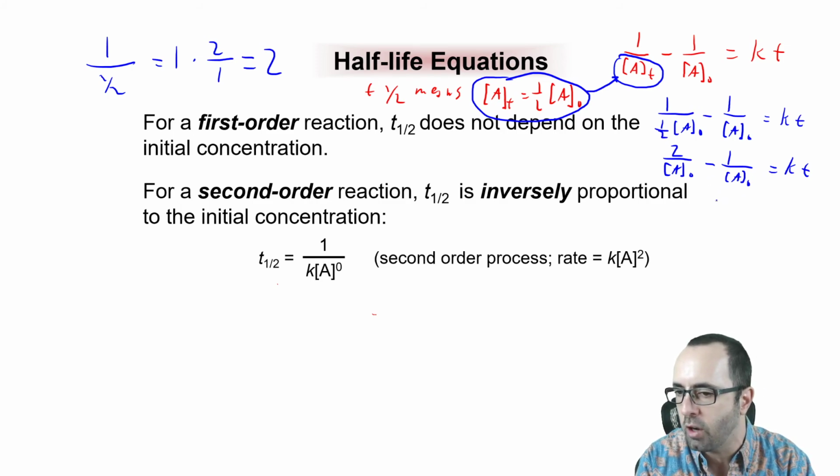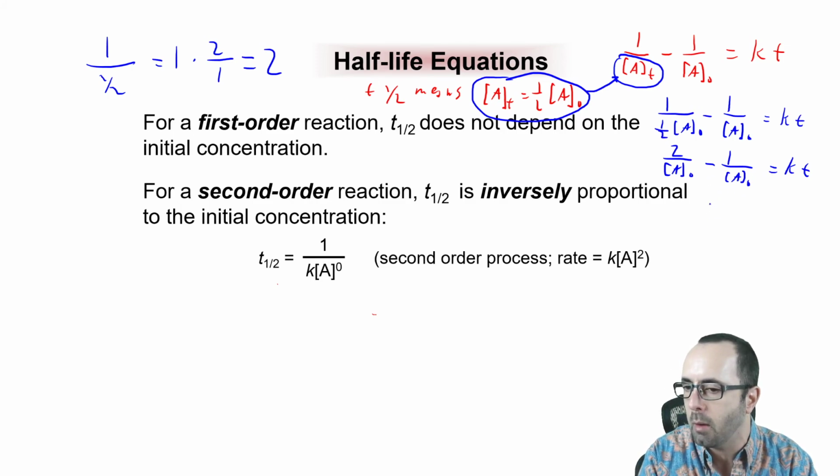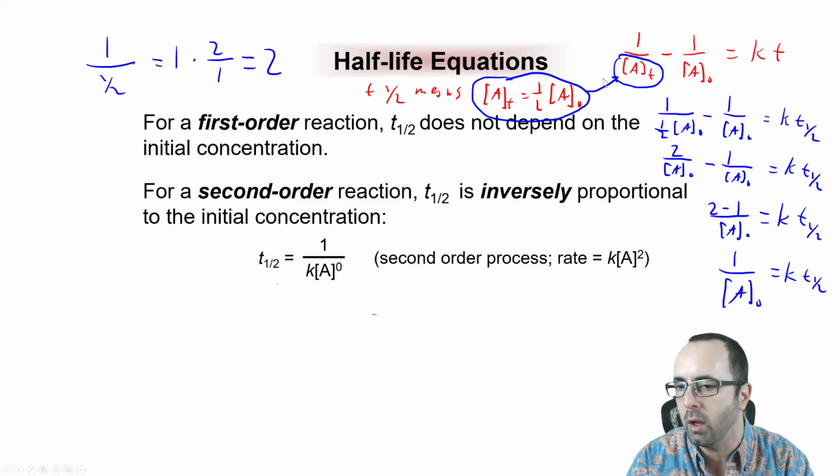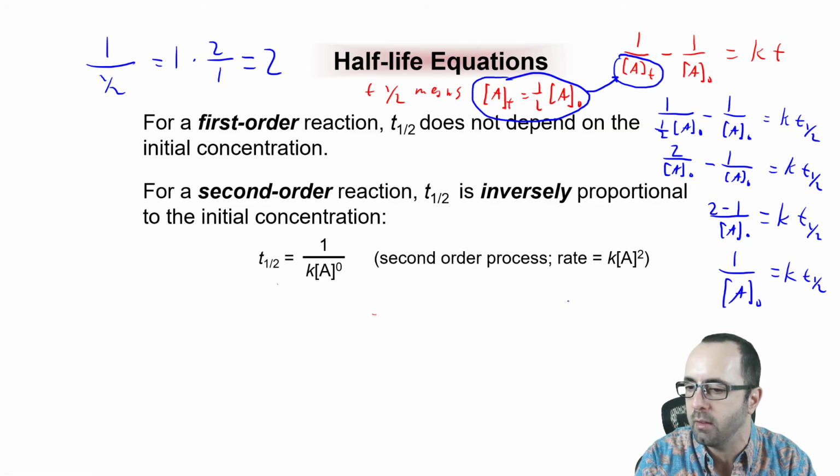And if you remember subtracting fractions, if they have the same common denominator, then we can subtract them like this, 2 minus 1 over the initial concentration, equals kT. So this is 1 over the initial concentration equals kT. And this T now is not just any T, it's the half-life. It's the T1 half, because we're talking about the time when the concentration is half the initial concentration. That is what the half-life is.